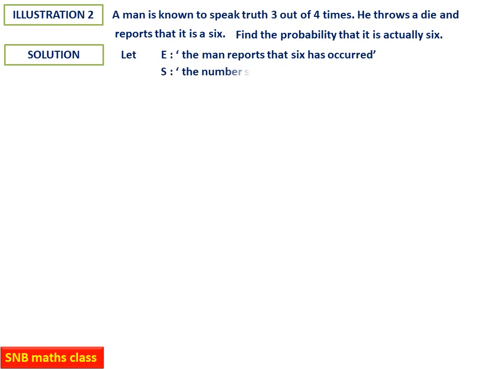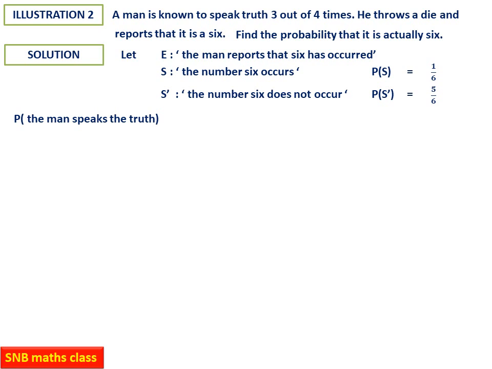Now, S is the number 6 occurs, and probability of S is 1 by 6 because a die is thrown. Then S complement, the number 6 does not occur, with probability 5 by 6.